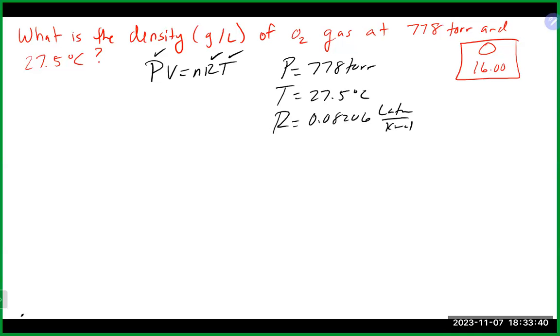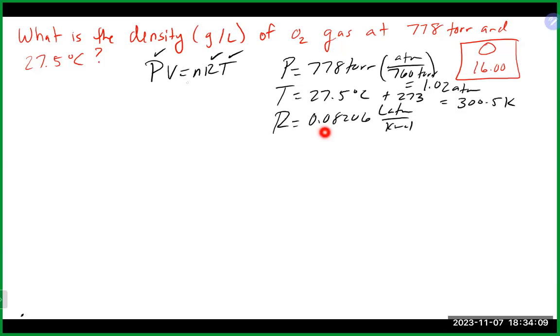So we need to divide our torr here by 760 to convert it into atmospheres, and that'll give us 1.02 atmospheres. We need to add 273 to our temperature, which gives us 300.5 Kelvin.